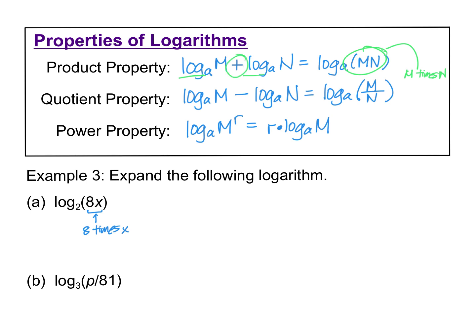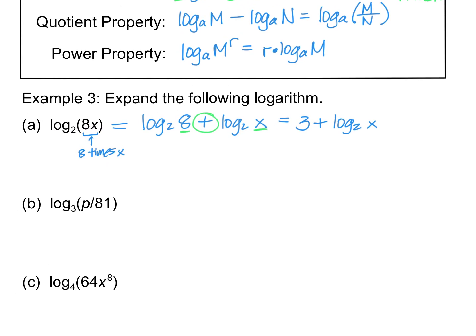So this will be log base 2 of 8 plus log base 2 of x. Notice that we have arguments of 8 and x and a plus in the middle. Now this can be simplified further because log base 2 of 8 is 3. So this is 3 plus log base 2 of x. Okay, let's look at part B.